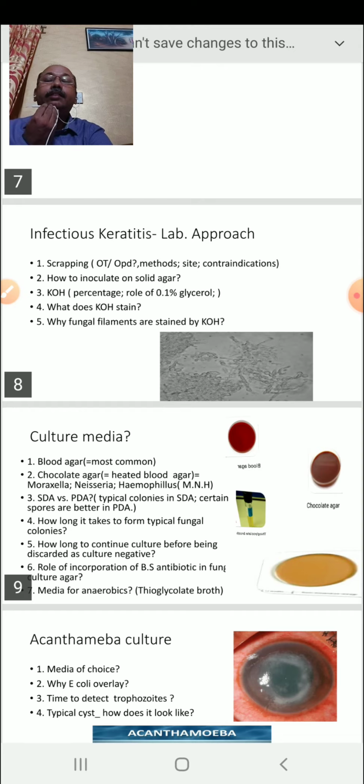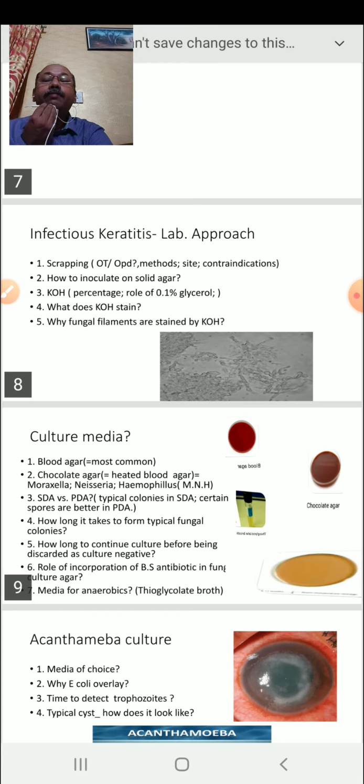Now what are the sites of taking the scraping? Mainly two sites. One scraping is to be taken from the base of the ulcer, and another from the advancing edge of the ulcer. Though there are certain contraindications of scraping, mainly if you are encountering a deep-seated keratomycosis or deep corneal ulcer.